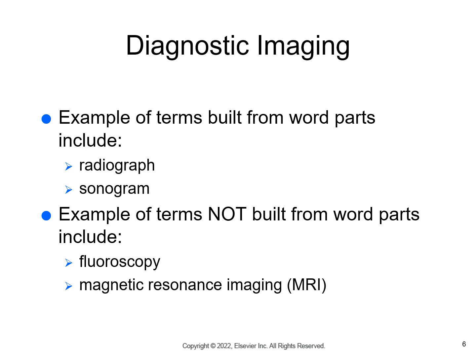Those that are not built from word parts include fluoroscopy, which is imaging somewhat like taking a movie of a body area as it is moving. Basically, we're picking up the movement in this case, and a lot of times there is a dye or a contrast agent used with those.